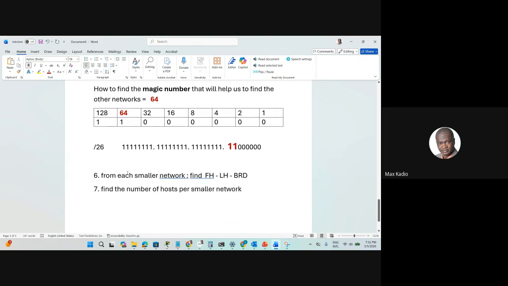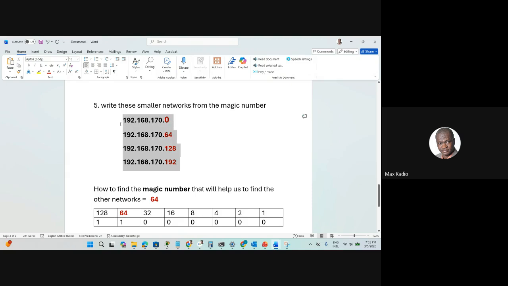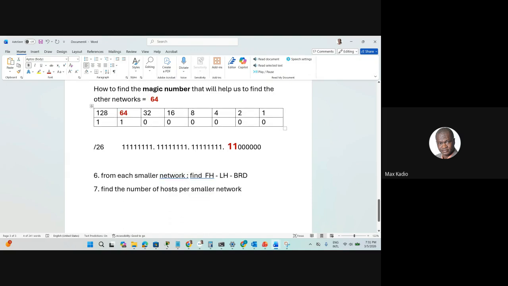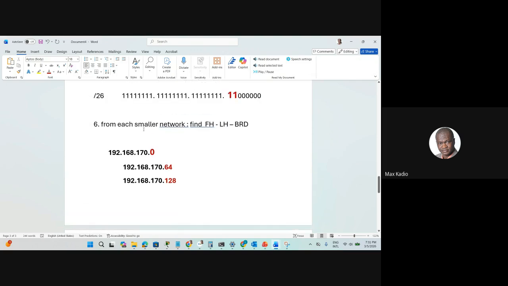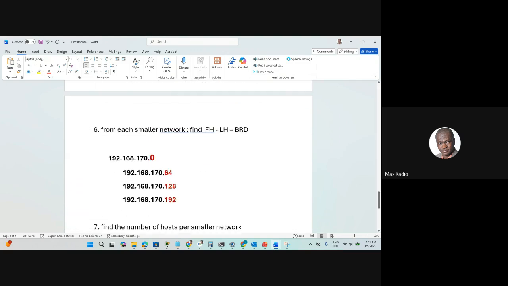Question number 6. From each smaller network, find the first valid host, last host, and broadcast. So I'm going to take all of them here and bring them to question number 6.